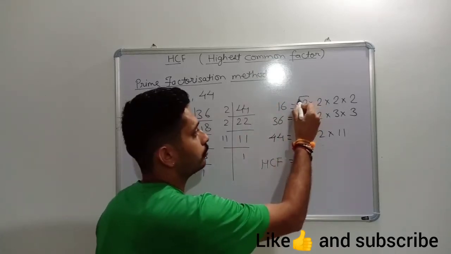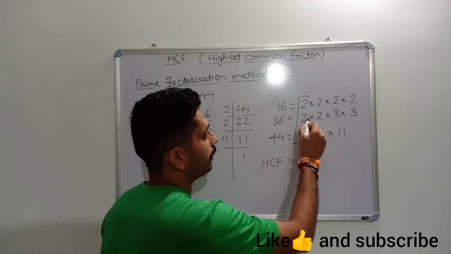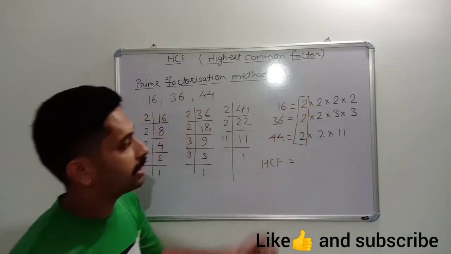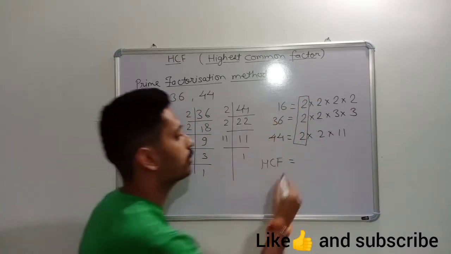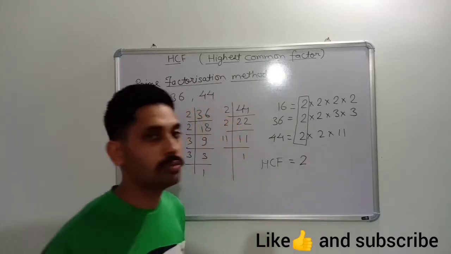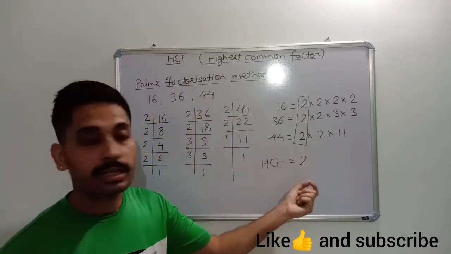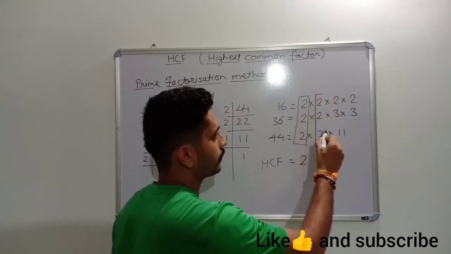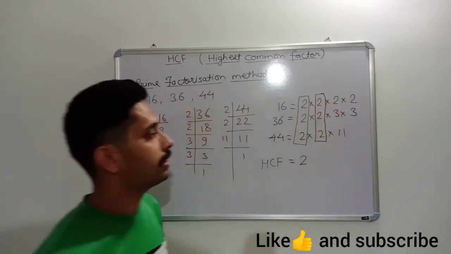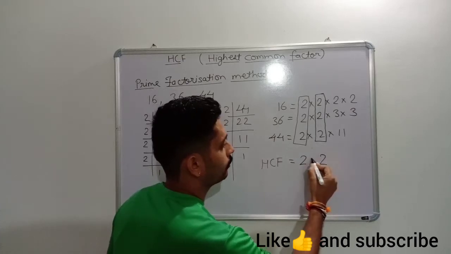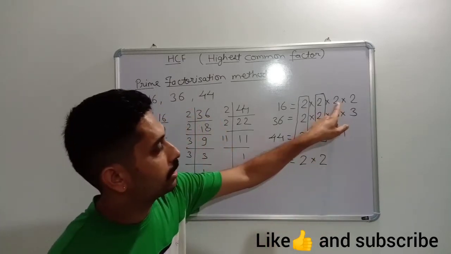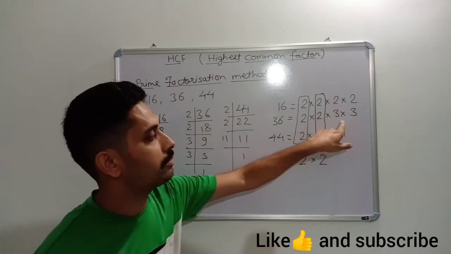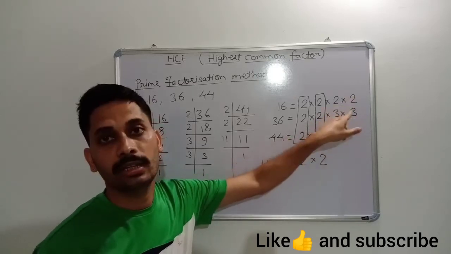See here, this 2. 2 is a common factor. 2, 16 का factor भी है, 36 का factor भी है, 44 का भी factor है. So write 2. Is there any other factor that is common? Yes. Again 2 is common. Now see here, there is 2 but there is no 2 in 44's remaining part, and here there is 11, यहाँ पे 11 नहीं है. 3 remains.